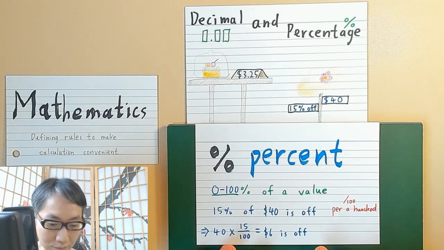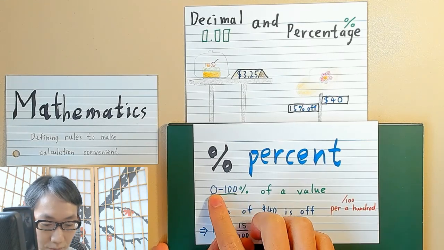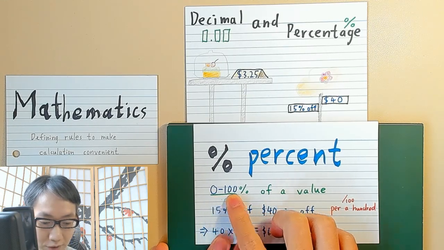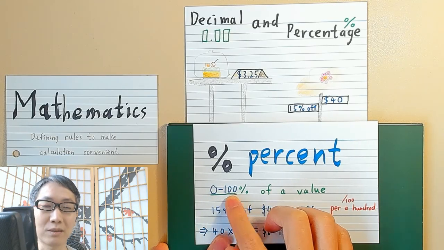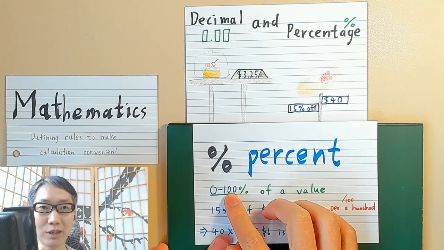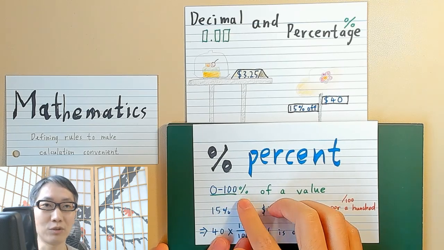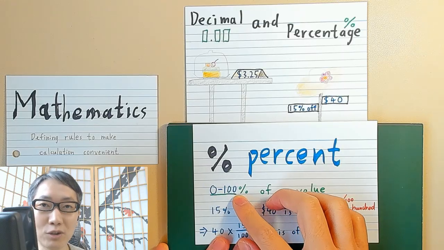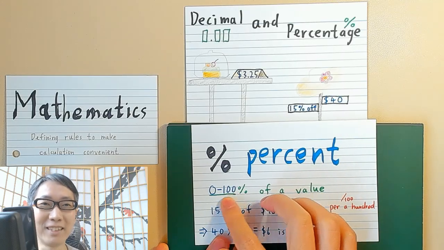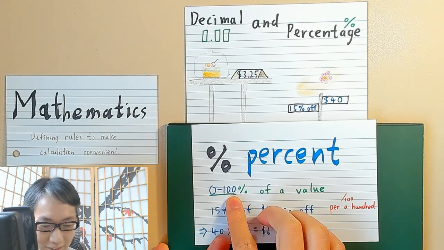Okay, so the percentage in the original setting has to be in a 0 to 100 range. Nowadays we can use negative percentages, we can use 150 percent, but nobody uses negative percentage yet.